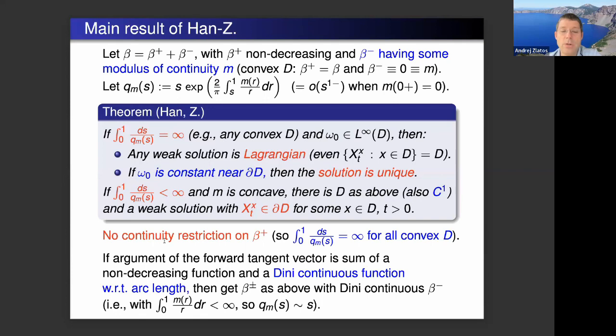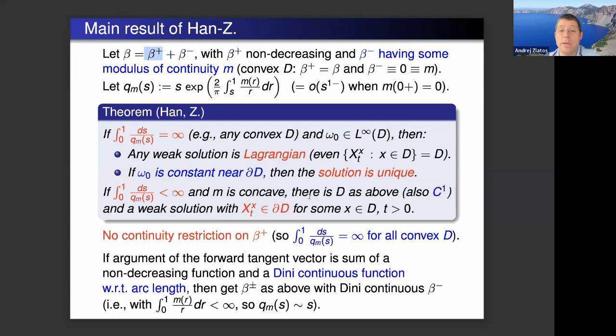And note that there is no continuity restriction on beta plus. So we don't care about corners with acute angles. That means a jump in the argument, a positive jump in the argument of the forward tangent vector. And we can just put it into beta plus. The beta plus can have jumps as long as it's non-decreasing.